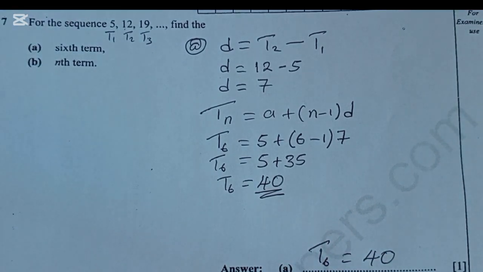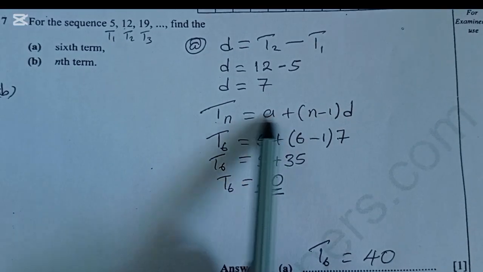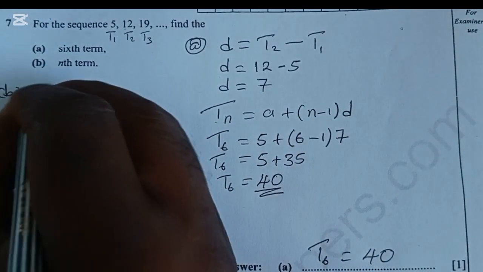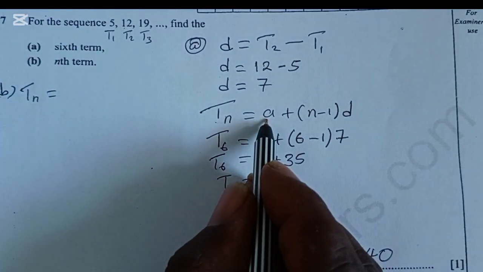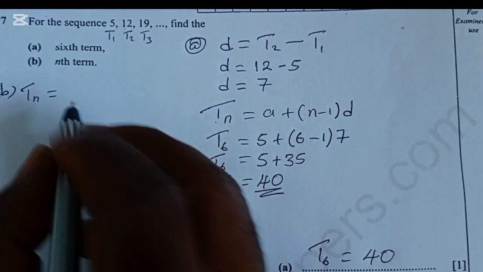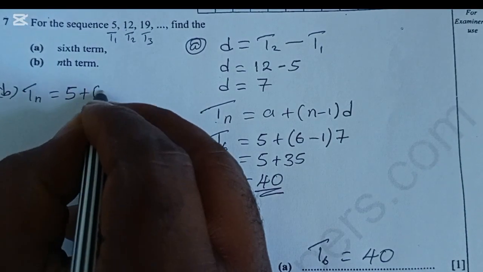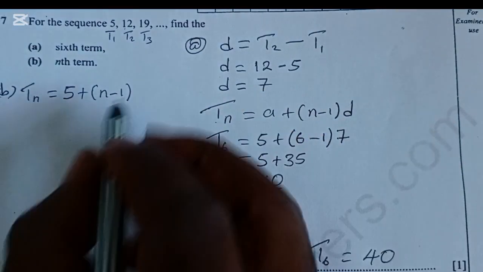Then B, find the nth term. So we are still using the same formula for the arithmetic progression. So nth term is equal to first term, that is 5, plus n minus 1 times the common difference, which is 7.